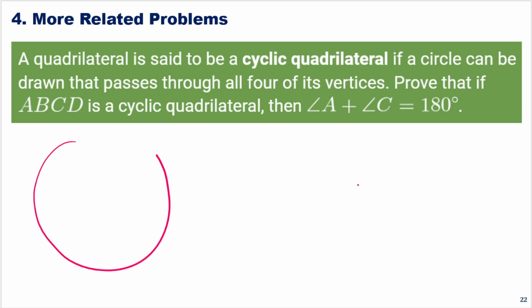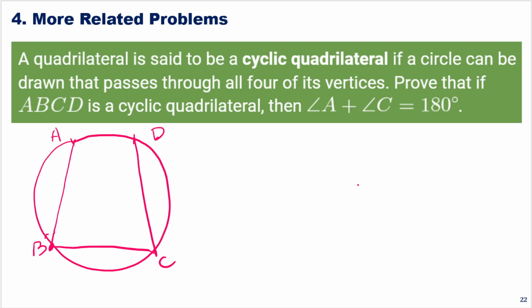So ABCD is cyclic quadrilateral, that means all of its vertices are on a circle, right? So let's draw this situation here. Suppose these are the 4 points. Can you prove angle A plus angle C equals 180 degrees?